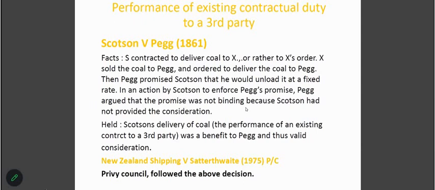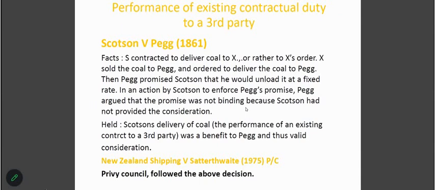Next one will be Scotson versus Pegg. The facts: Pegg contracted to deliver coal to X, or rather to X's order. X sold the coal to Scotson, in order to deliver the coal to Scotson. Then Scotson promised Pegg that he would unload it at a fixed rate.